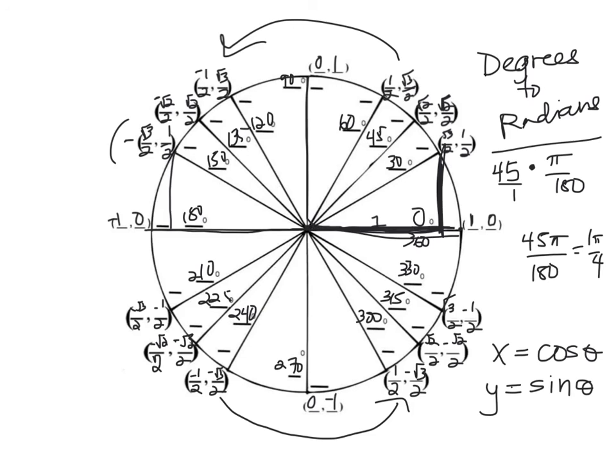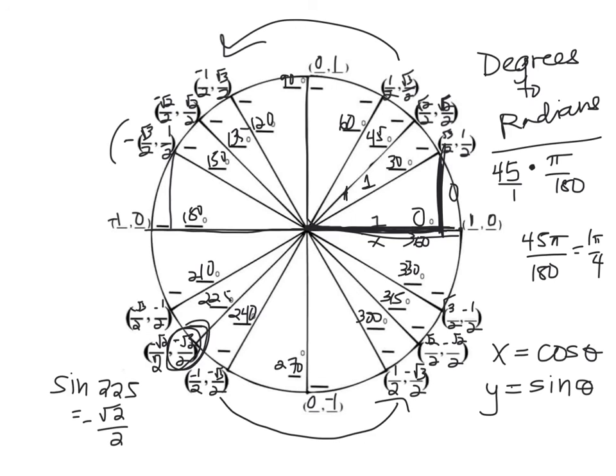So the part that goes horizontal over 1, because this is 1, anything over 1 is itself. So x over 1, adjacent over hypotenuse, would be cosine. And then opposite over hypotenuse would be sine. So x corresponds to cosine, y corresponds to sine. So if I want to know sine of 225 degrees, I would just look at this y coordinate and get negative square root of 2 over 2. So it applies for any of the other ones.